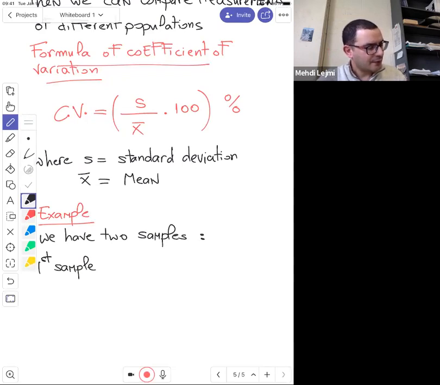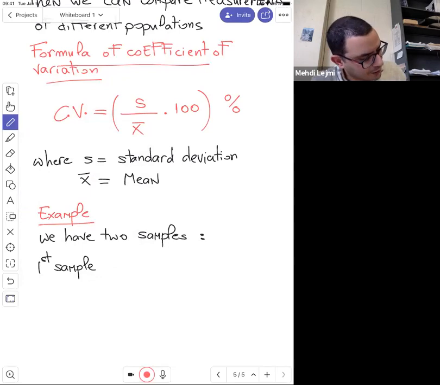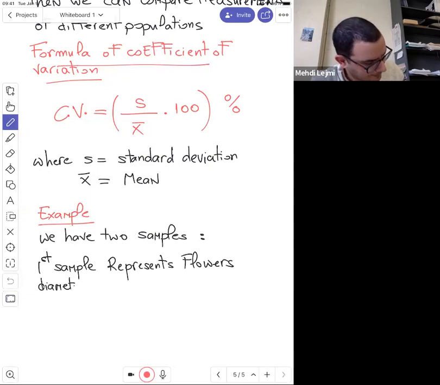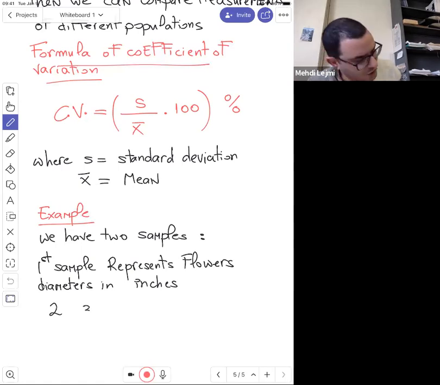The first sample is hybrid A. So we had 2, 3, 3, 8, 10, and 10. And again, guys, when I say 2, this is supposed to be 2 inches, right?